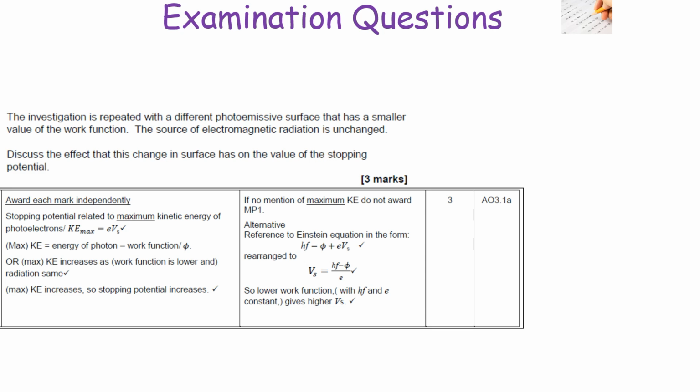So if the work function is less, that tells us that more of the energy of the photon is going to the kinetic energy of the emitted photoelectron. So therefore, as the kinetic energy is higher for the emitted photoelectron, you will need to have a greater stopping potential to stop that electron from moving and convert that kinetic energy into electrical potential energy.